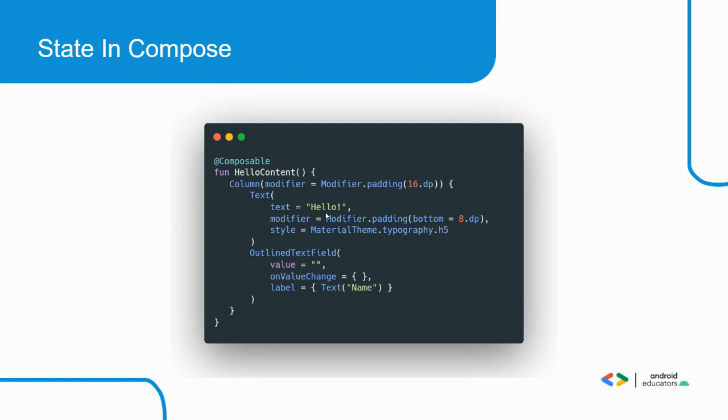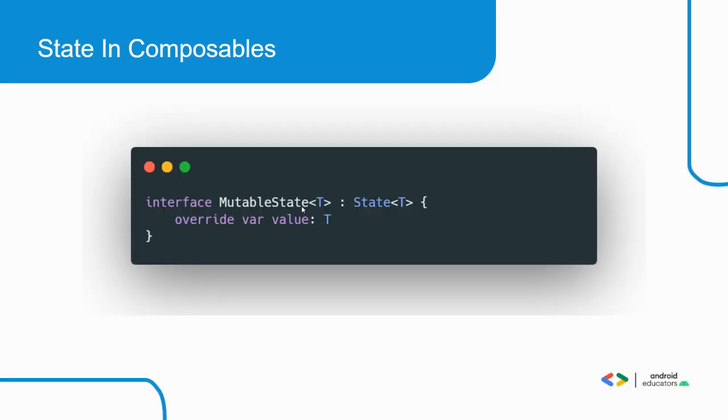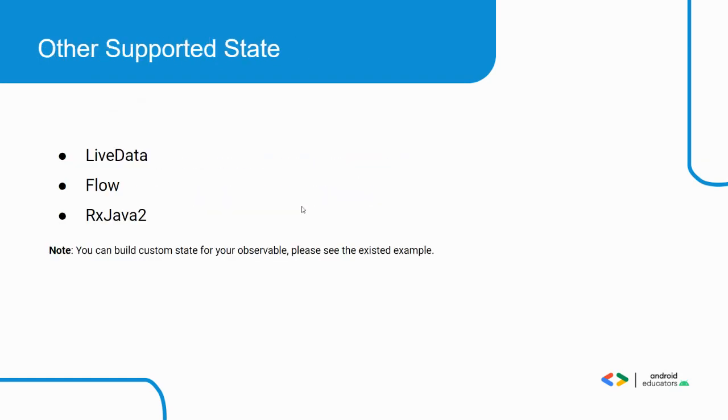Directly you can use value if you're using by in Kotlin, and just update the value on value change. Whenever the value gets changed, your text gets updated automatically. You don't have to call anything. So that's what the mutable state is for.